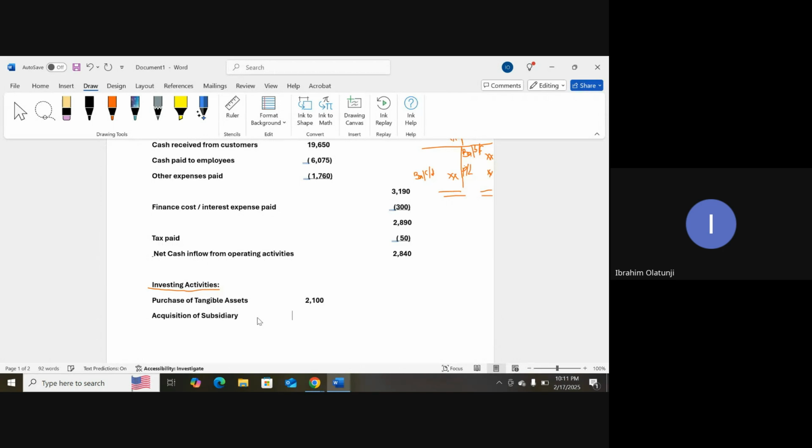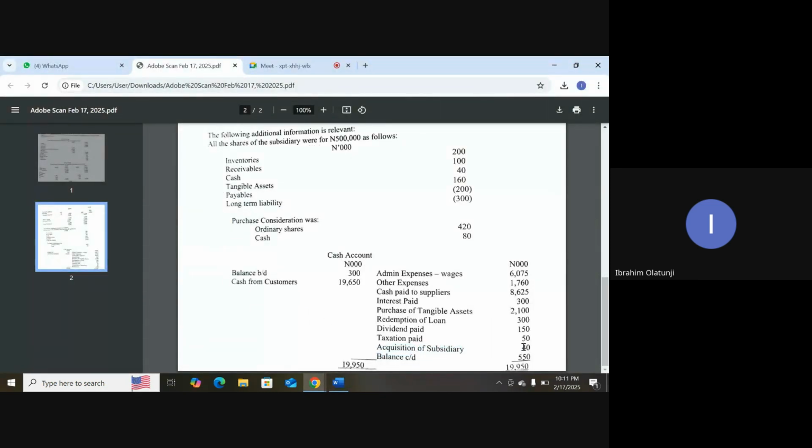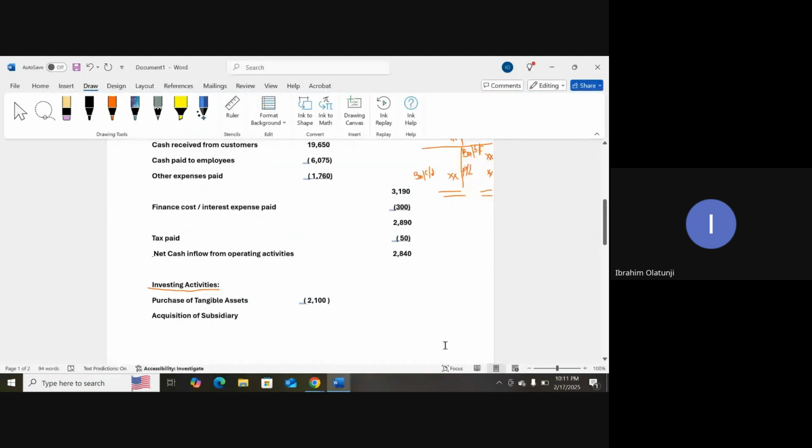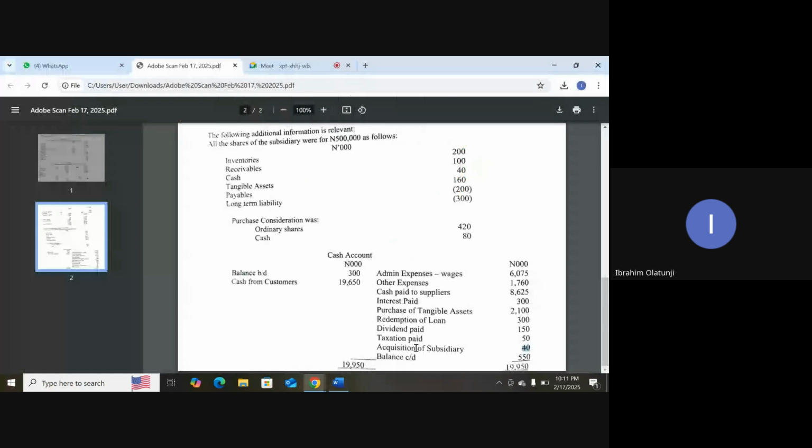This one, purchase of tangible assets, you have to bracket it because you purchase the asset and your money is going out. Then acquisition of subsidiary, how much do you pay when you acquire that subsidiary? 40. You have to bracket that one as well.